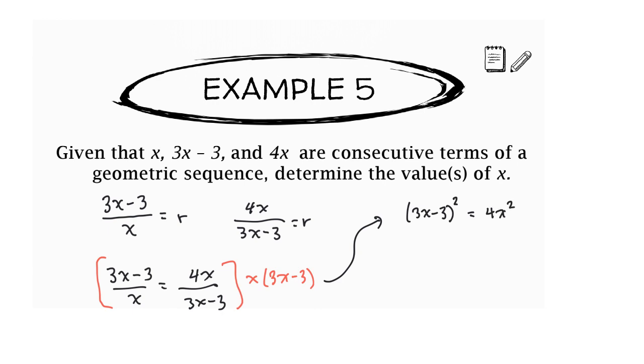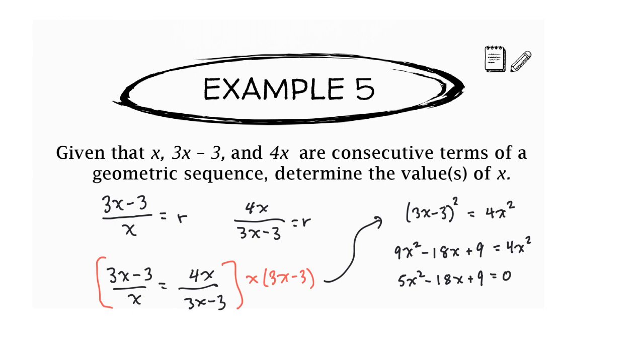Multiplying out the binomial on the left should give you 9x squared minus 18x plus 9. And when we set that equal to 4x squared, we can regroup so that we get 5x squared minus 18x plus 9 equals 0. Solving this quadratic equation will give us our solution.